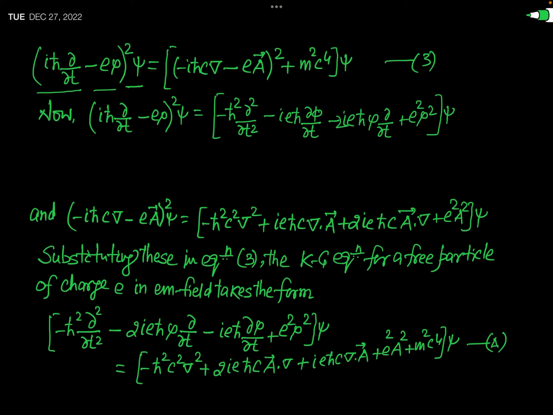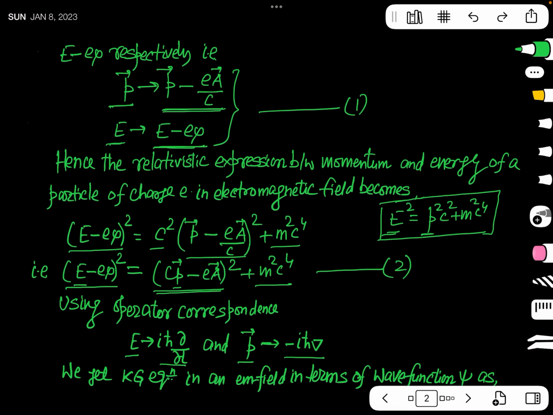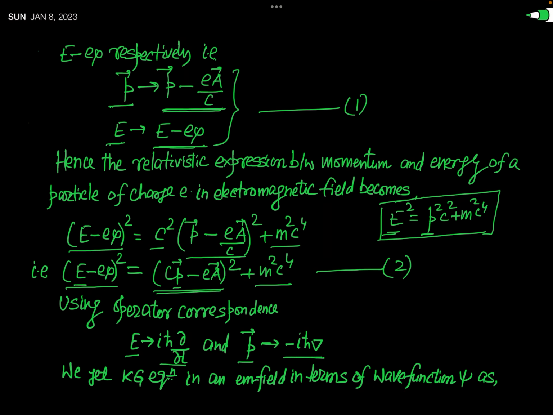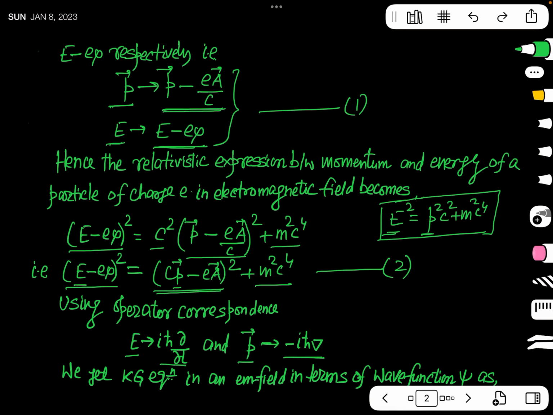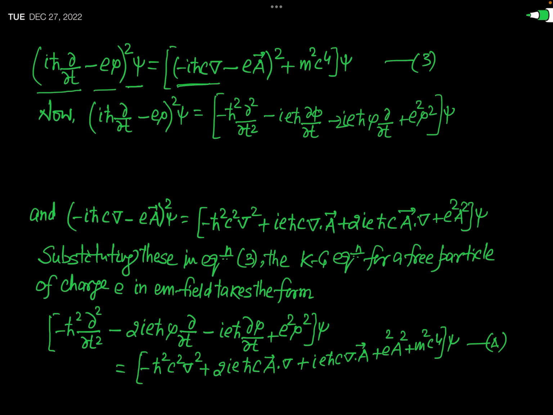Here there is in fact (cp − eA)². So for p we will now write −iħ∇, and c will be multiplied. So this result will be (−iħc∇ − eA)² + m²c⁴ operated on the relativistic wave function psi.